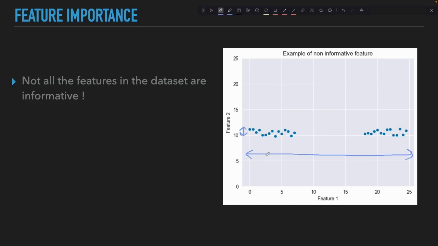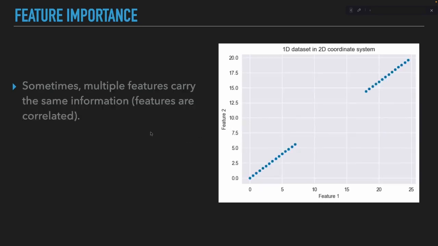Due to this variation, feature 1 carries all the useful information in this dataset, at least when it comes to clustering. So feature 2 is an example of a non-informative feature.